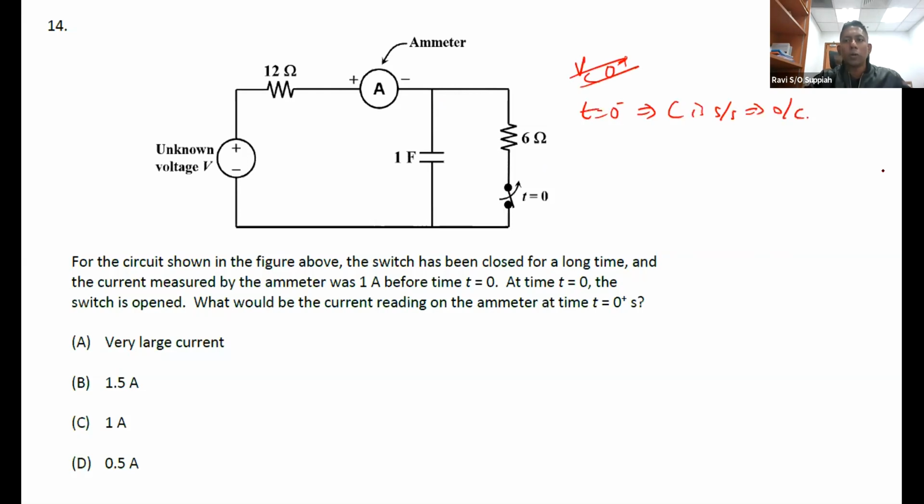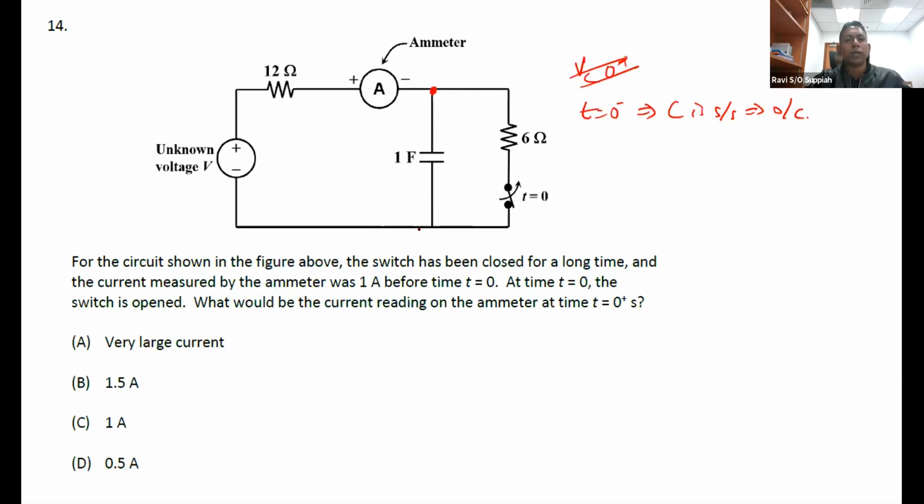When it's open circuit, it has already charged up to a voltage, and in this case the voltage is capped by the component which is parallel to it. The component that is parallel to it is the 6 ohm resistor.